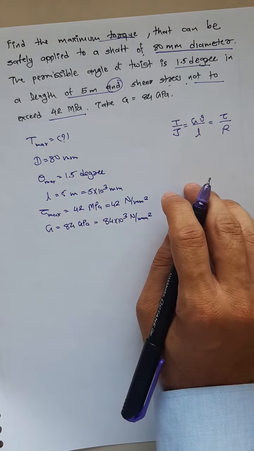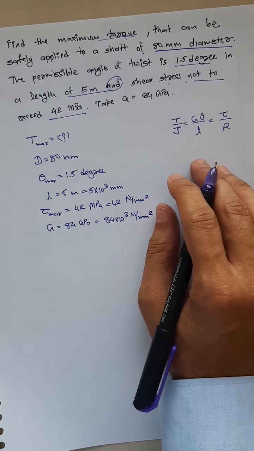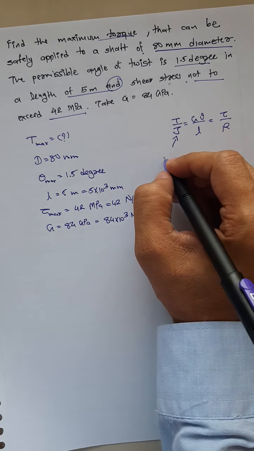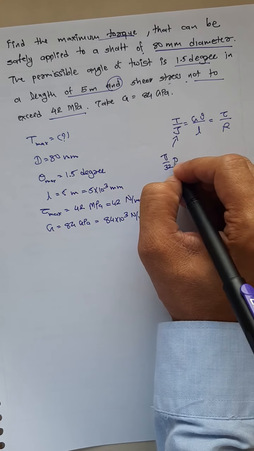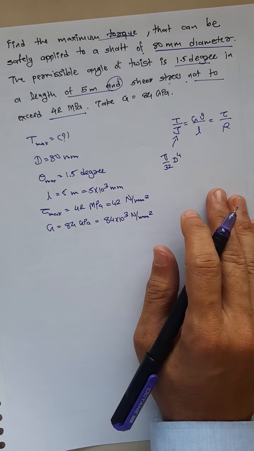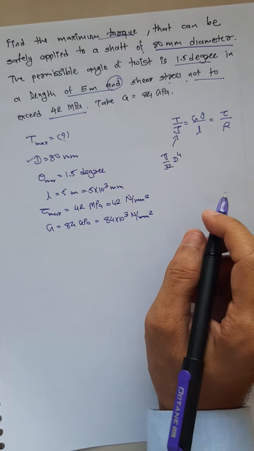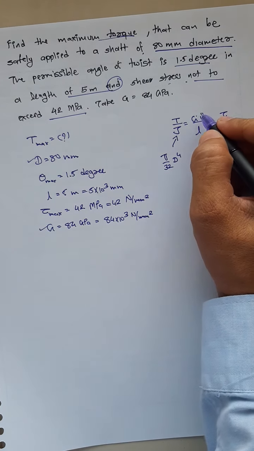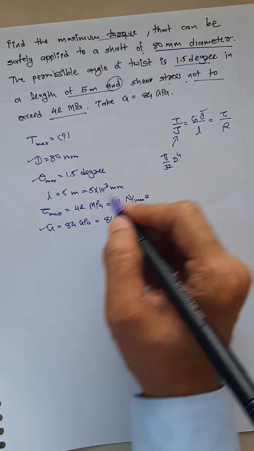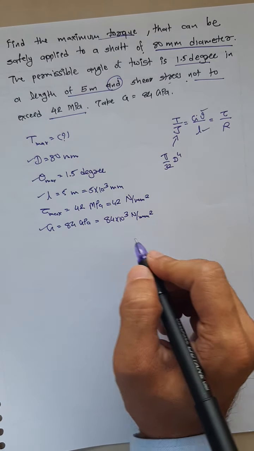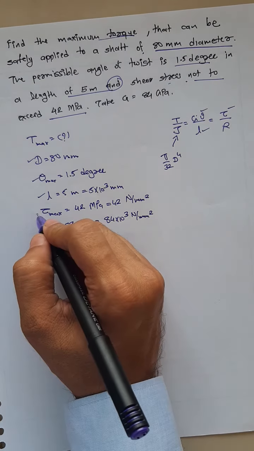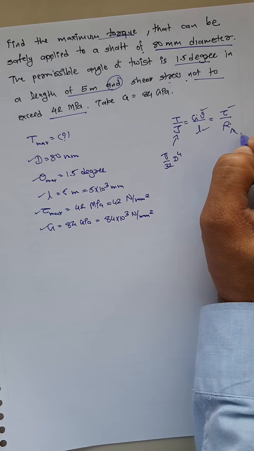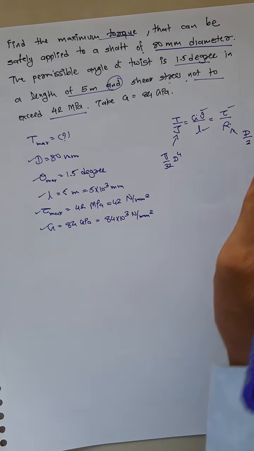So in this equation, if you see what you have and what you don't have, we know the equation of J is pi by 32 d raised to 4 for a solid shaft, and we are having the diameter. G we are having, theta we are having, L is also available to us, tau is also available, R is actually we can say d by 2.